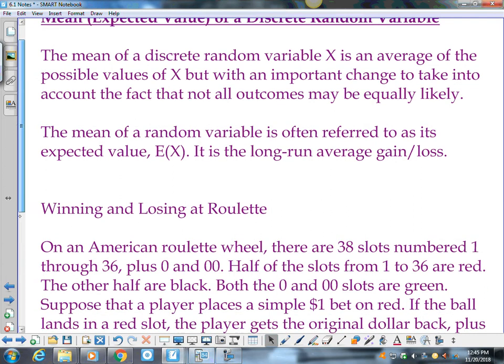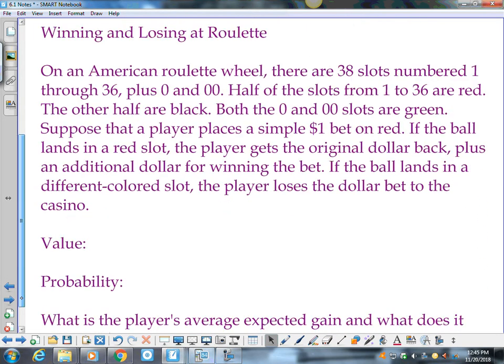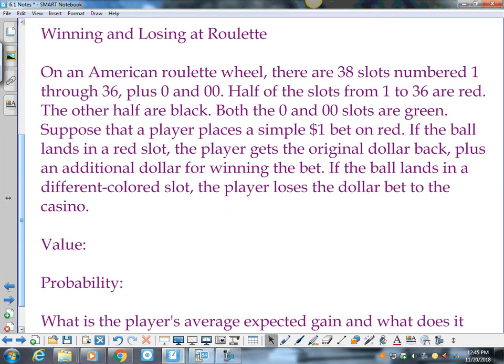This is a really interesting problem. On an American roulette wheel, there are 38 slots, numbered 1 through 36, plus a 0 and a double 0. Half the slots from 1 to 36 are red, the other half are black, and the zeros are green.